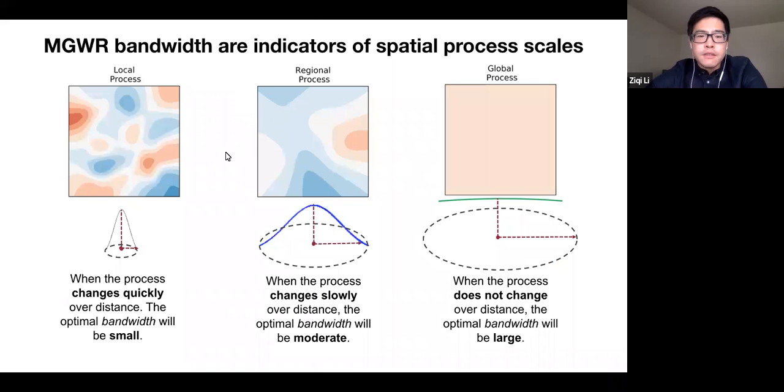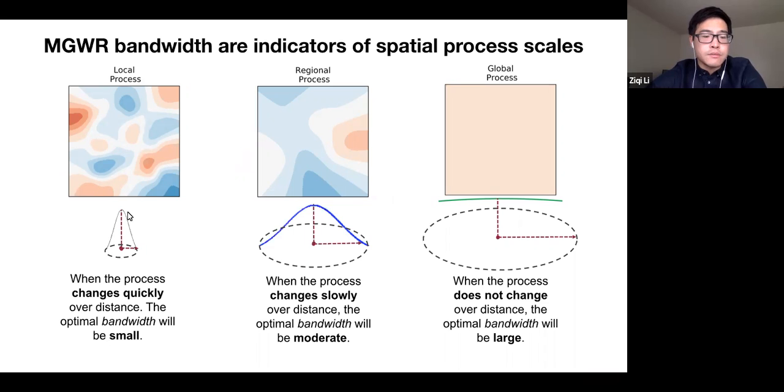The bandwidths that we estimate from the MGWR model are very explicit indicators of how the spatial process operates over space. For example, if there's a local process or localized relationship between a covariate and the response variable, the optimal bandwidth will be small since the process changes quickly over distance.